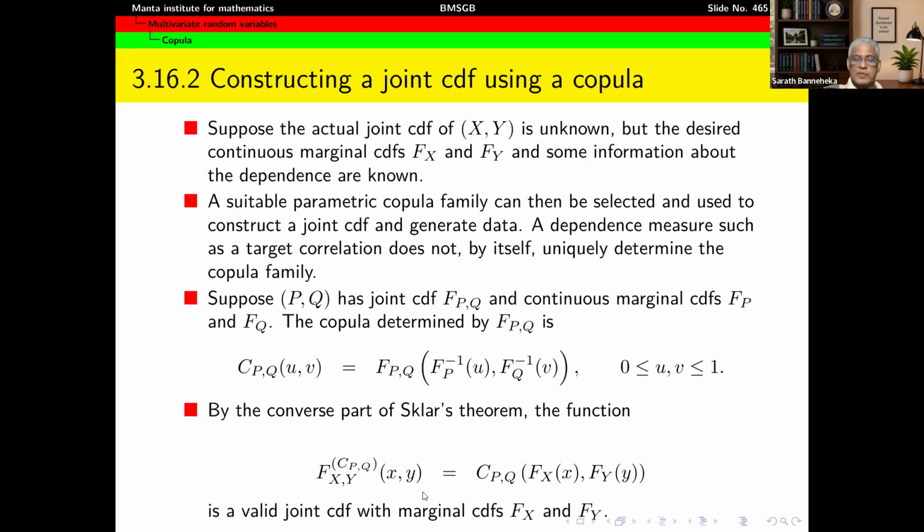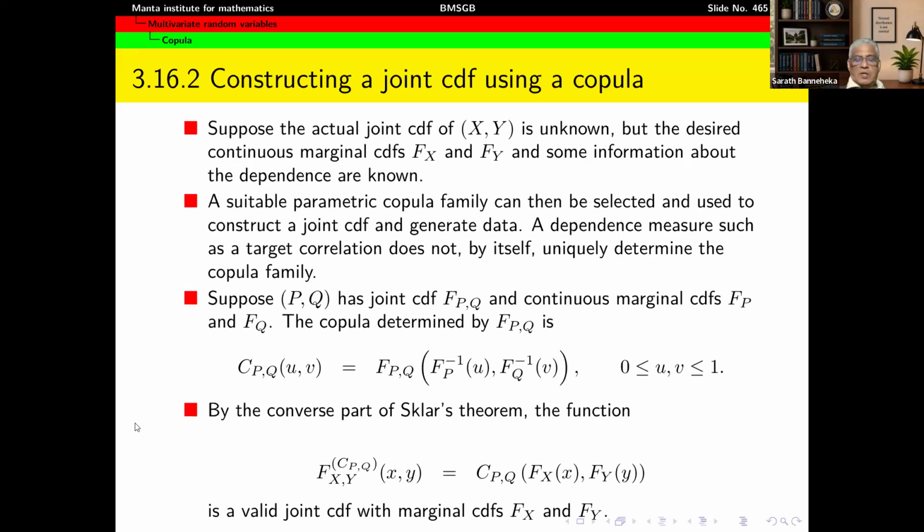But that expression will not be equal to the actual joint CDF of x and y. It will not be equal to the actual CDF of P and Q also. It will be some expression. For the moment, let us denote it by this notation here.